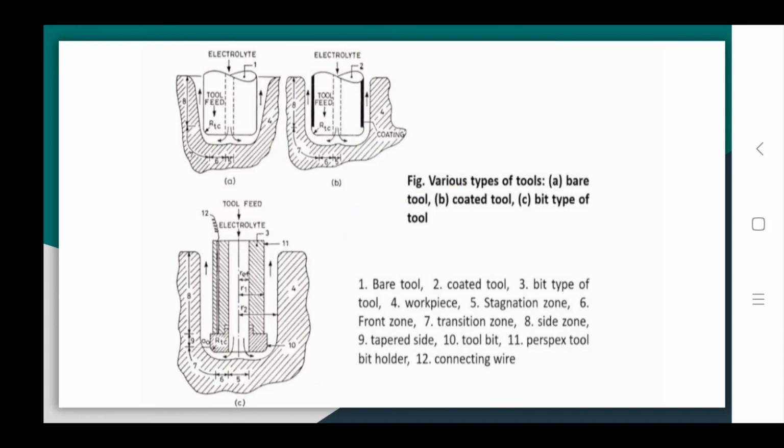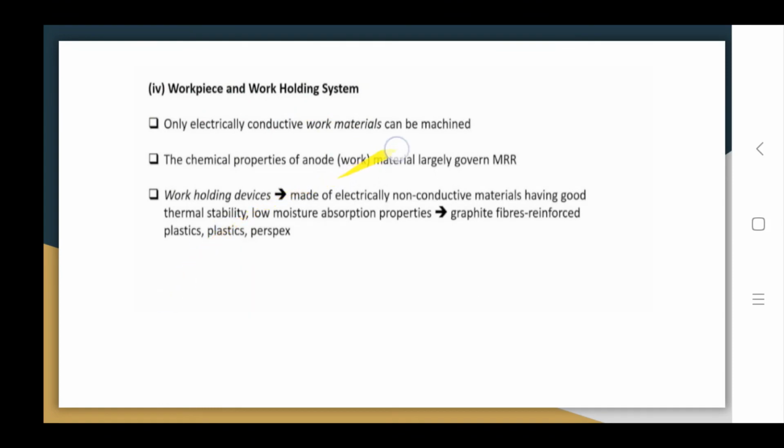Then the fourth element or component of this ECM machine tool is the workpiece and work holding system. Here only electrically conductive work materials can be machined by this process. So the chemical properties of the anode, that is the work material, largely govern the material removal rate, that is MRR. Work holding devices are normally made up of electrically non-conductive materials having good thermal stability and low moisture absorption properties.